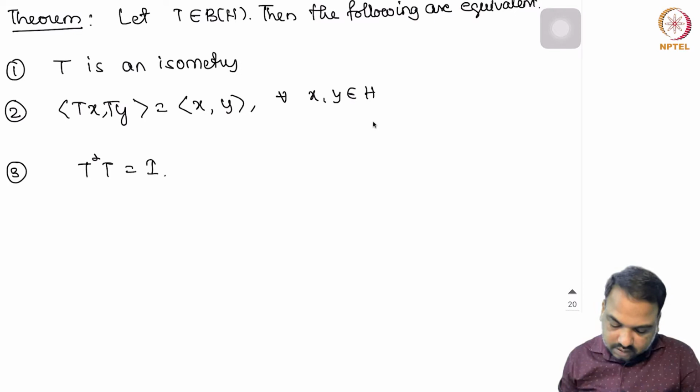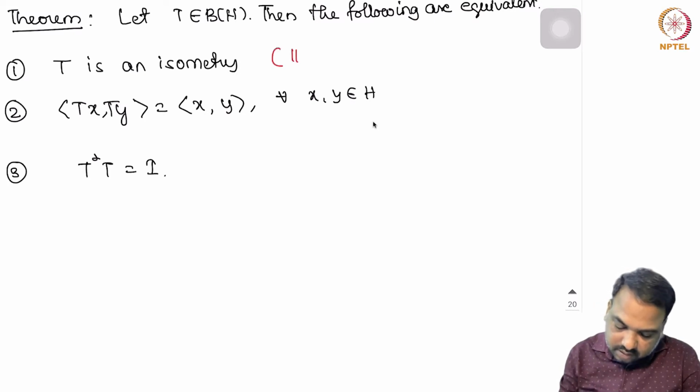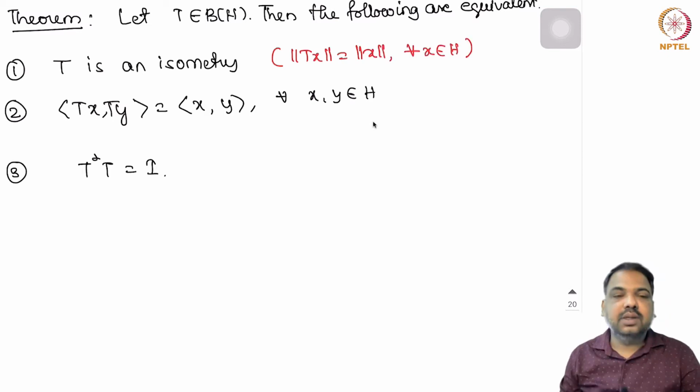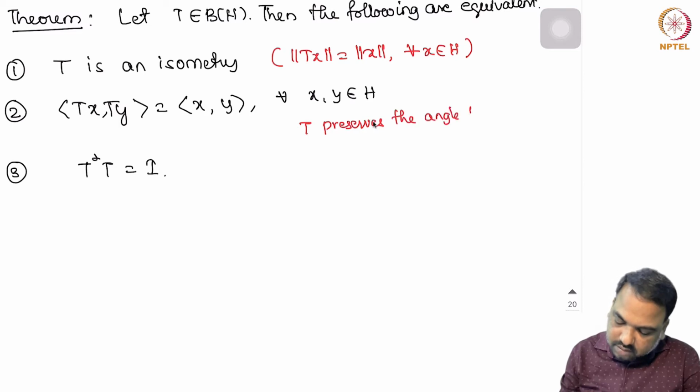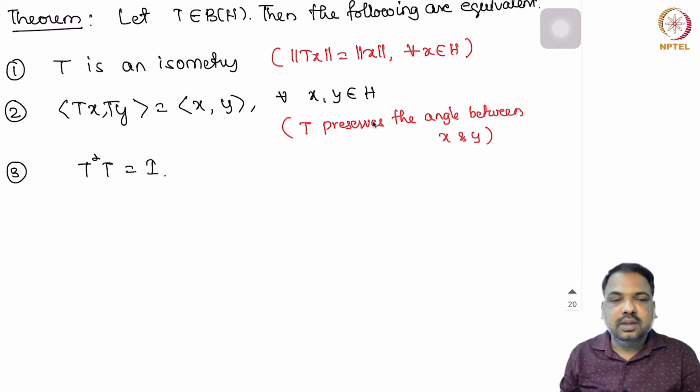Let us look at the first condition, that is norm Tx equal to norm x for every x in H. That means T preserves the distance. The second condition says that T preserves the angle between x and y, since preserving the inner product is nothing but preserving the angle.